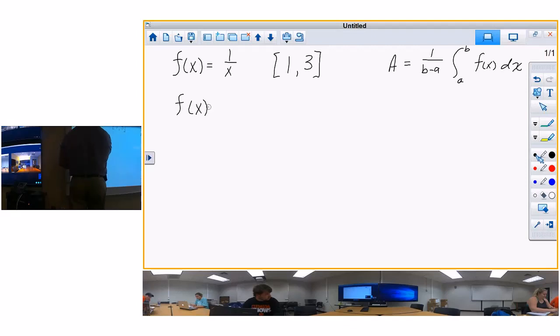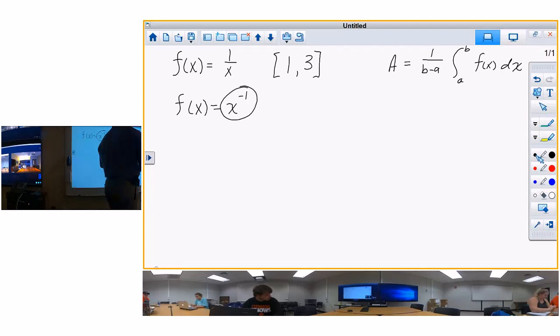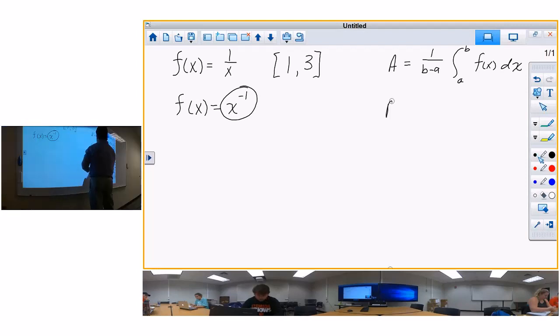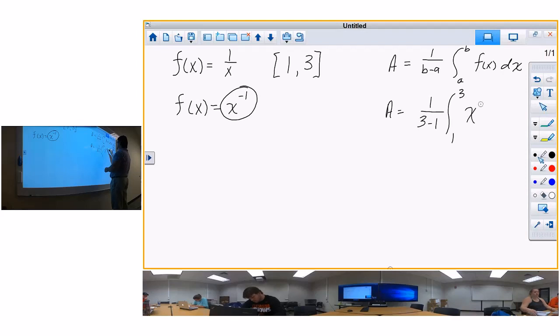That's right, class. X to the negative 1. Therefore, we're actually taking the antiderivative of that. So A is equal to 1 over 3 minus 1, antiderivative of 1 to 3 of x to the negative 1 dx.